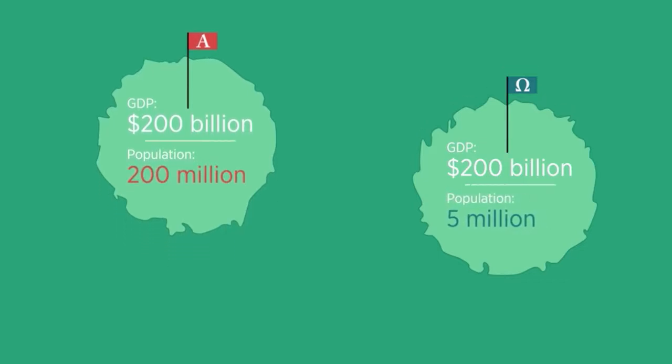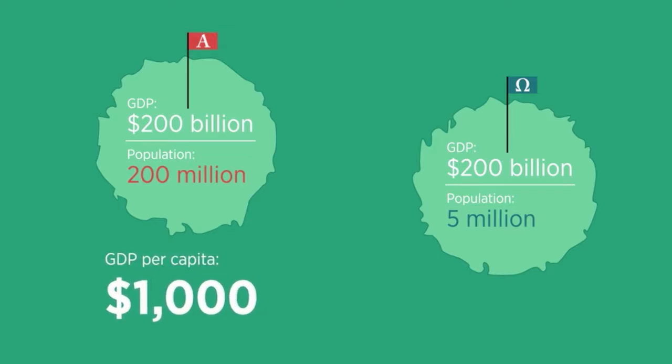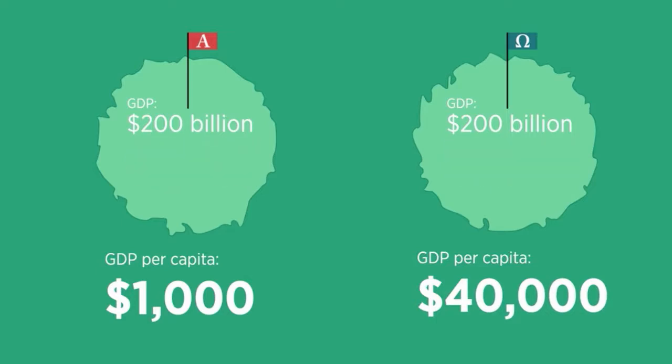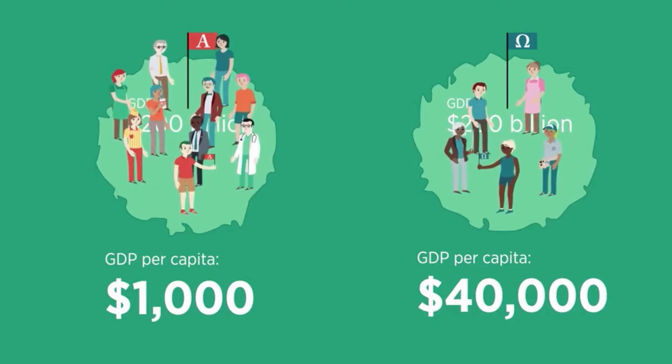Because Alpha's GDP is divided among a much larger population, each person's share is much smaller. In this case, Alpha's GDP per capita is $1,000, while Omega's is $40,000. So while their GDPs are the same, once they're divided by the population, it's easier to see a dramatic difference in the standard of living in these 2 nations.